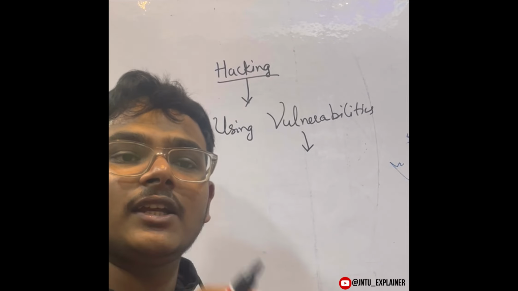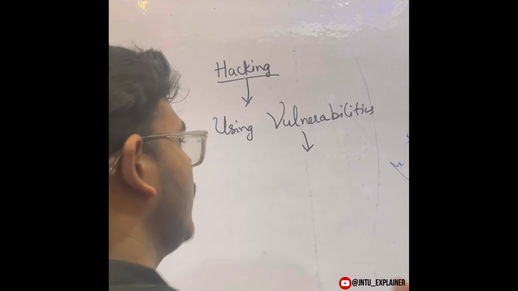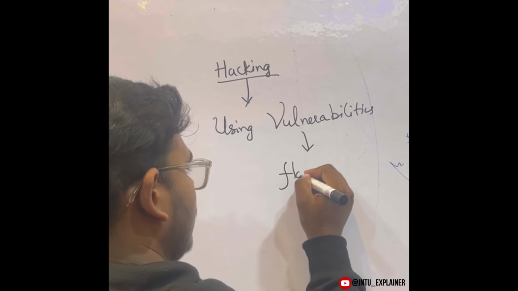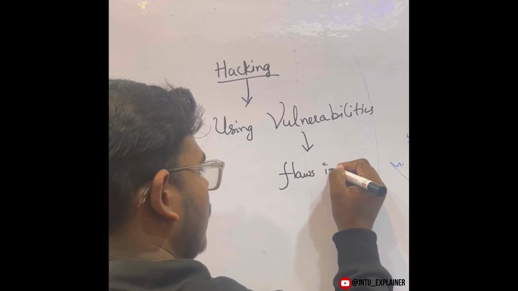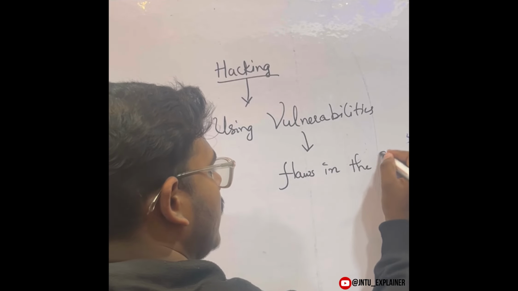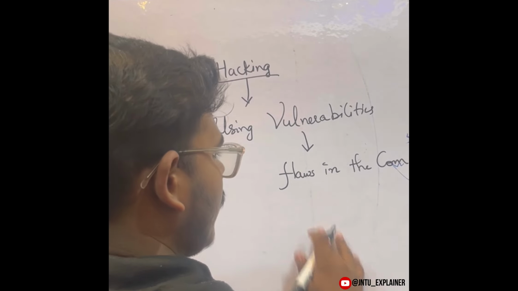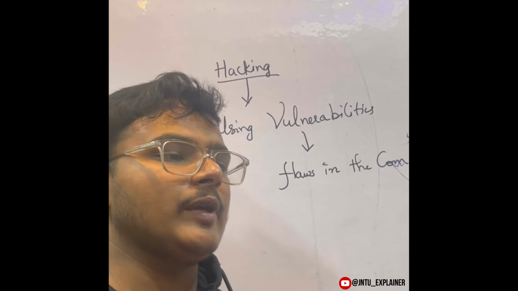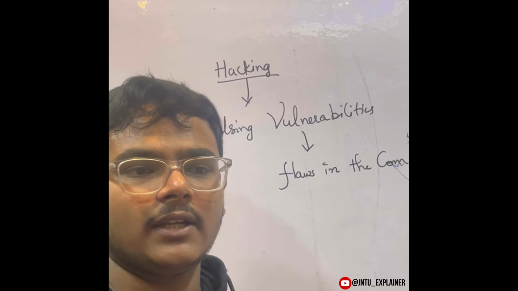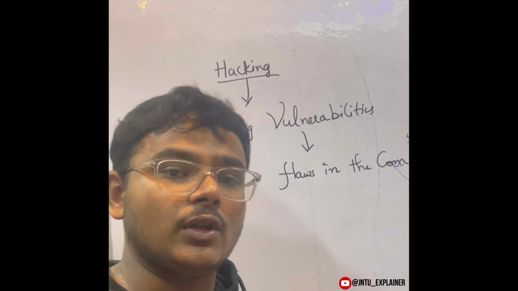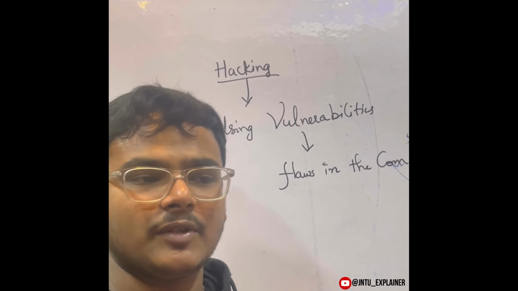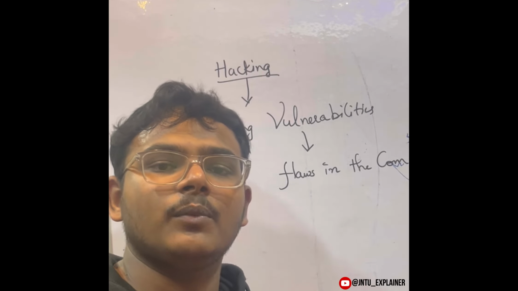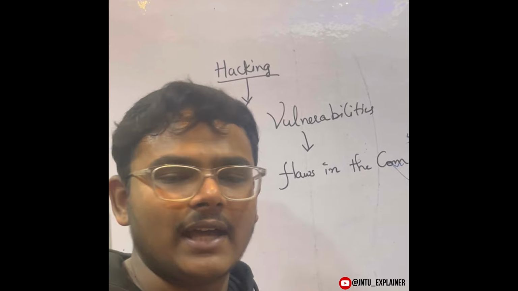Vulnerabilities are basically flaws in the computer. Now, what are flaws? There may be a mistake in writing a code which the attacker can use to enter into your computer, or it may be a weakness of the computer which the attacker can target.